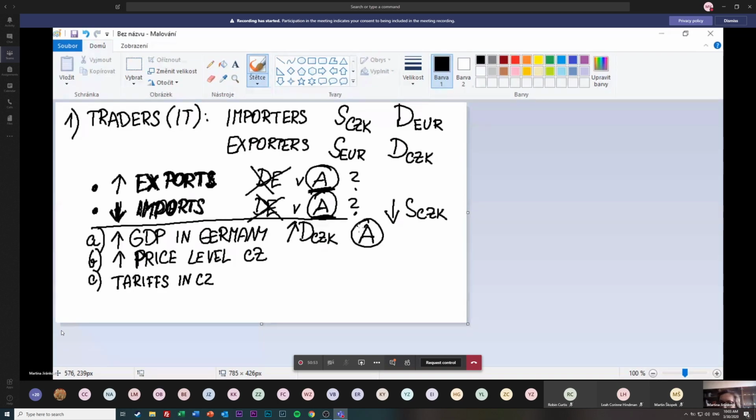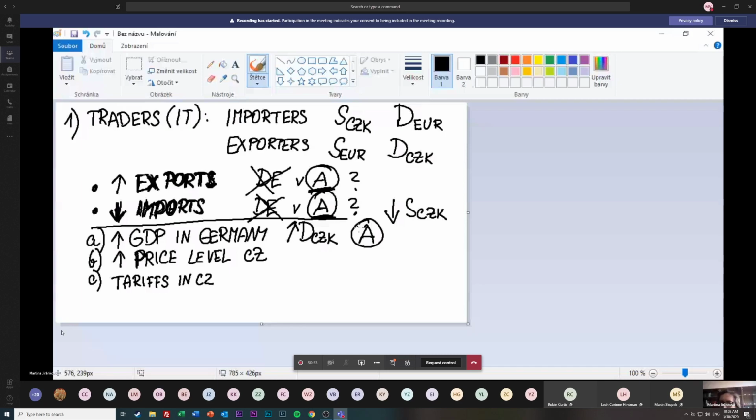So there are decreasing Czech imports, and maybe at the same time decreasing Czech exports, and at the same time, maybe we will import more from Germany because it will be relatively cheaper.